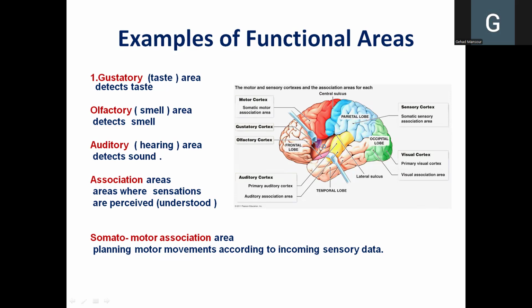The insula contains mainly the gustatory cortex, or the taste area, that receives impulses of taste sensation, which are sensory impulses, of course, as we're going to see on the following slides.